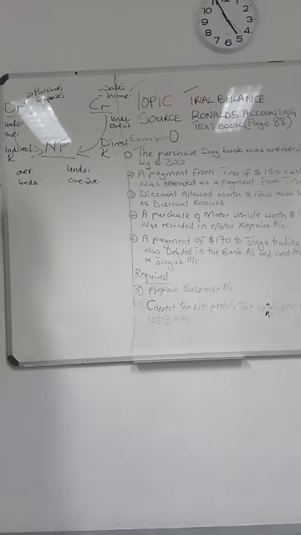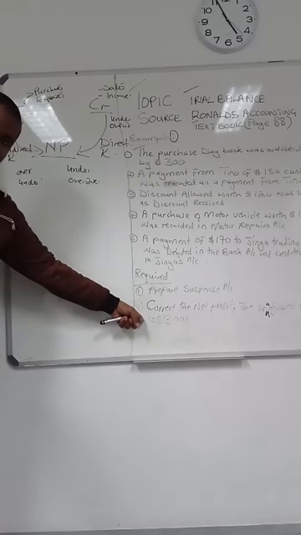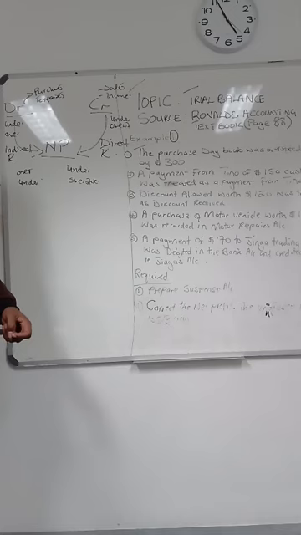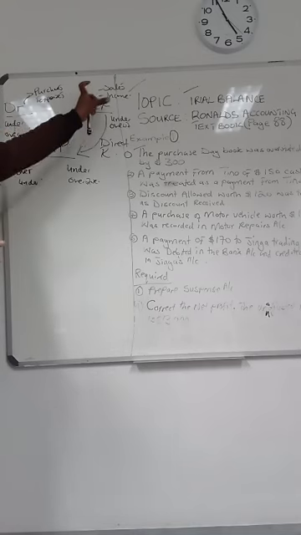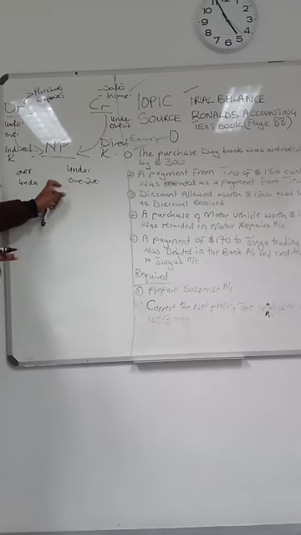So for you to prepare for this question of correcting net profit, you need to know this technique, this concept of the relationship between credit items with net profit, debit items with net profit.